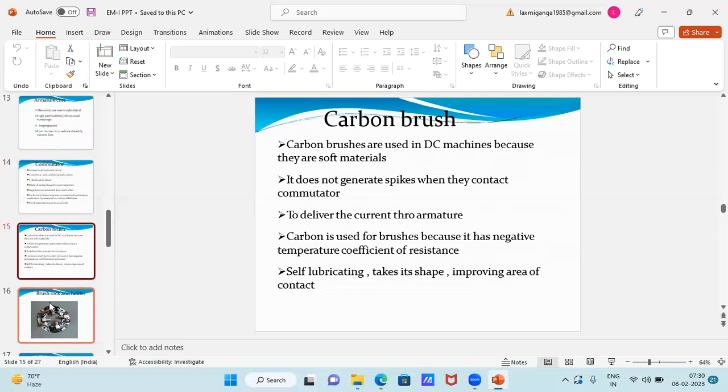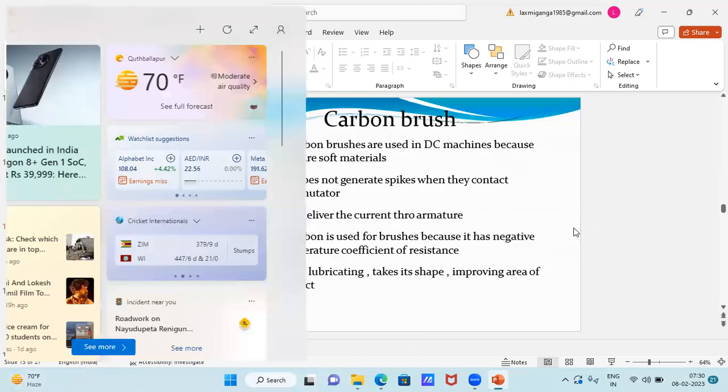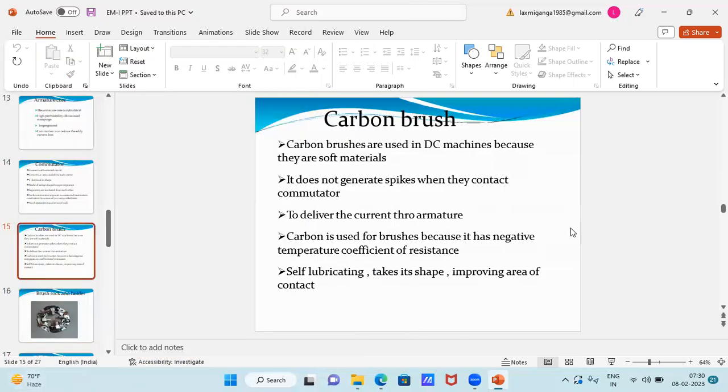Carbon is used for brushes because it has a negative temperature coefficient of resistance. It is also self-lubricating and takes its shape, improving the area of contact.